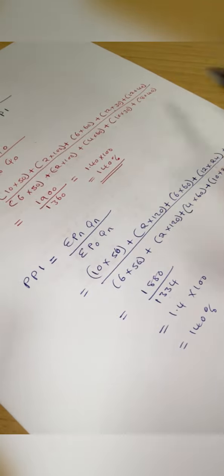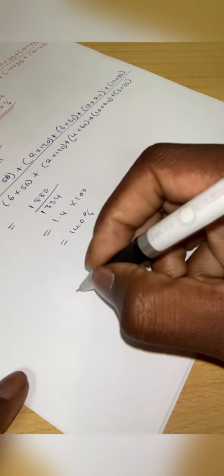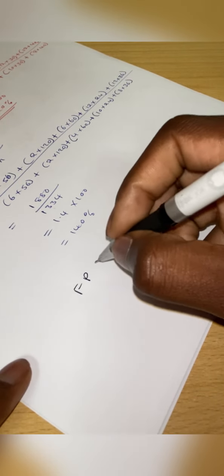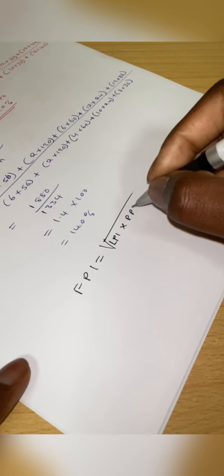Since we now know the two, it's simple to find the Fisher's price index. So we can finish our FPI, which we said is the square root of LPI times PPI. So what's our LPI? We have 140, we are multiplying with 140. So we can do the square root of that.